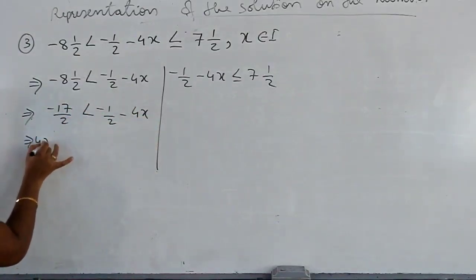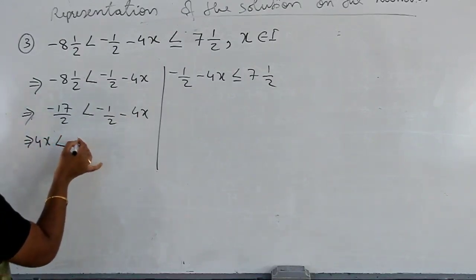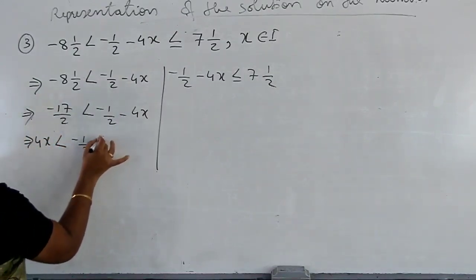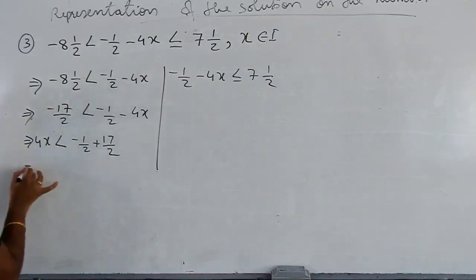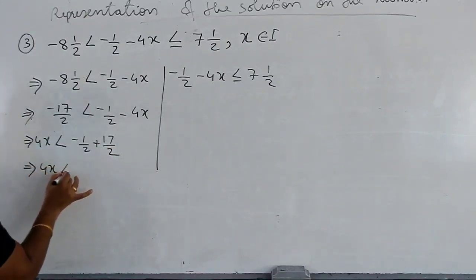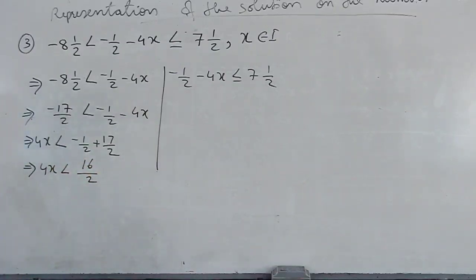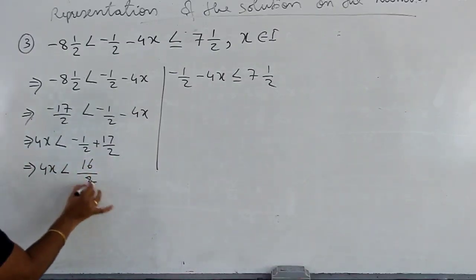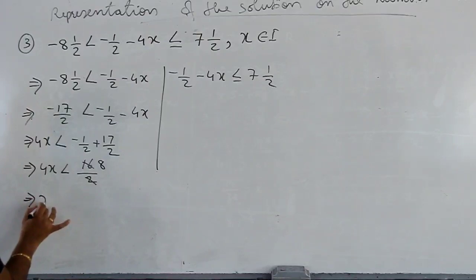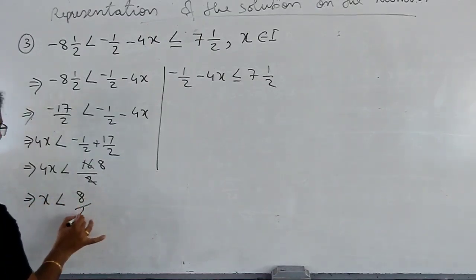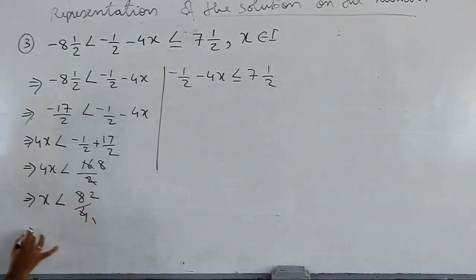Then 4x less than minus 1 by 2 plus 17 by 2, which implies 4x less than 16 by 2. Then x less than 8 by 4, which implies x less than 2.